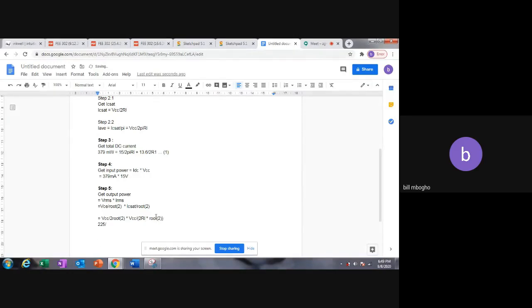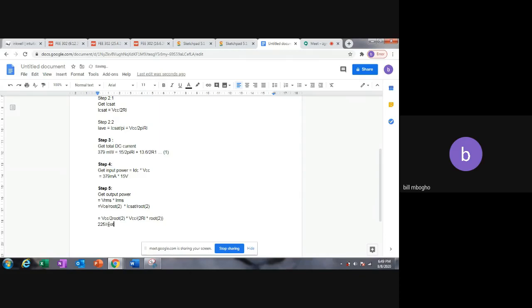I hope it makes sense why I'm adding this root 2: AC sat is VCC over 2RL, and now I divide it by root 2 because power is AC sat over root 2. I think that makes sense.